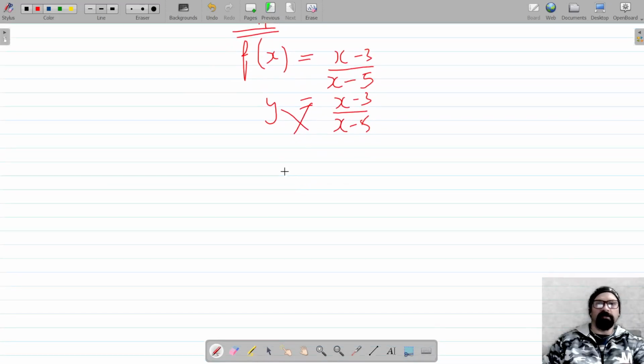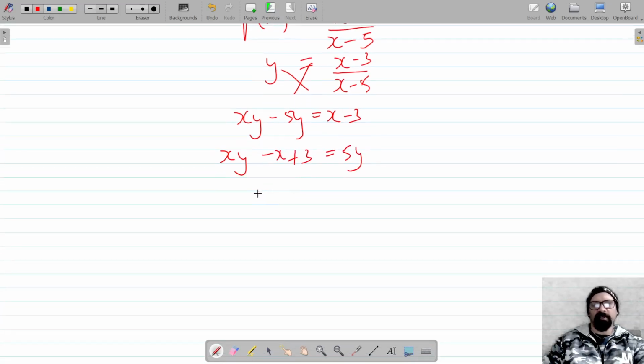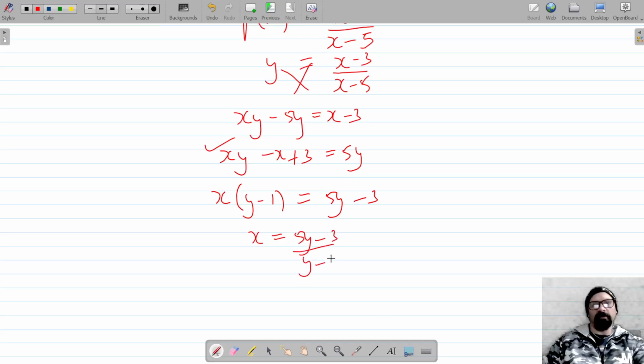Let's cross multiply this and try to get it in the form of x. So xy minus 5y is equal to x minus 3, and this is xy minus x is equal to 5y minus 3. Let's take x common, which gives me x into y minus 1 is equal to 5y minus 3, and x is equal to 5y minus 3 by y minus 1.